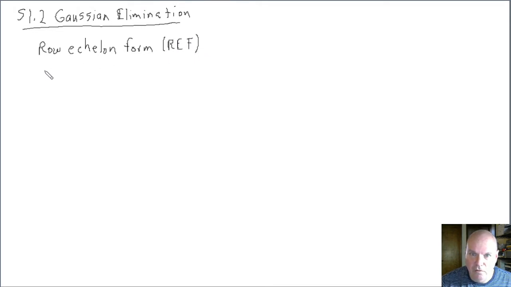And there's another related form that's slightly simpler that's called reduced row echelon form. And I'll usually take the additional steps to transform the system into reduced row echelon form, or RREF.